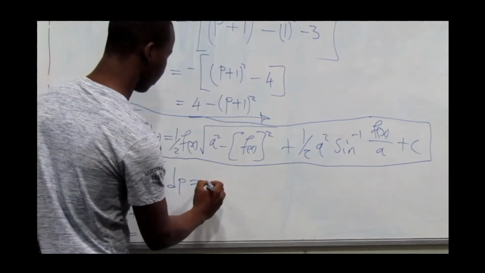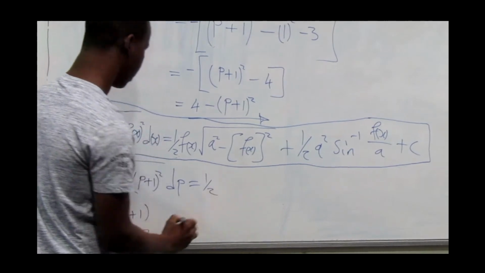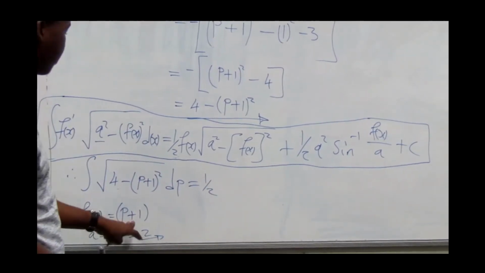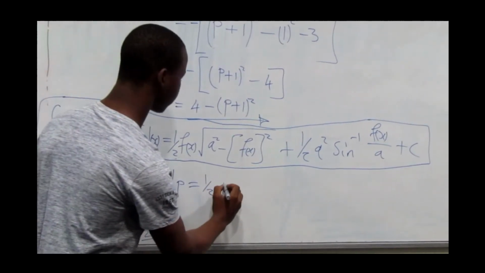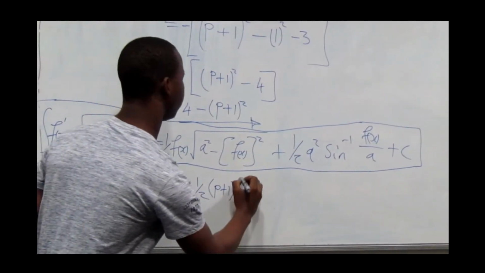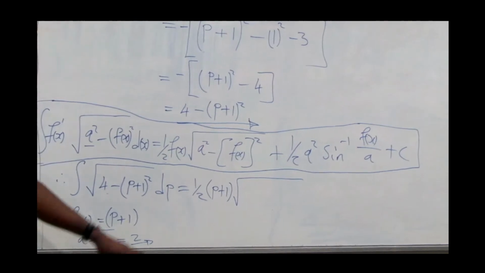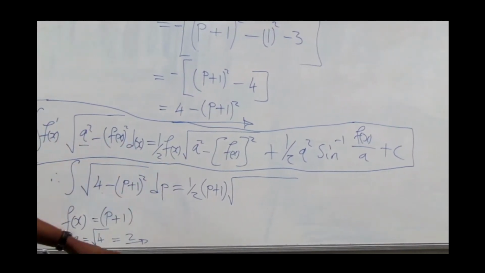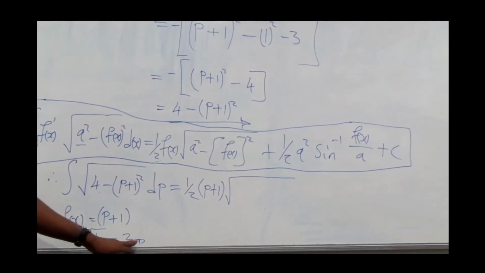Our half, our f of x is p plus 1, then you put the root. Our a is the root of 4, which is 2.